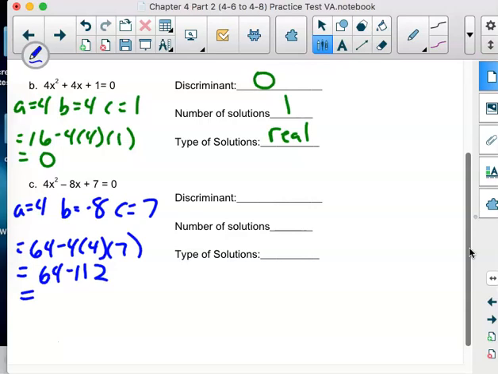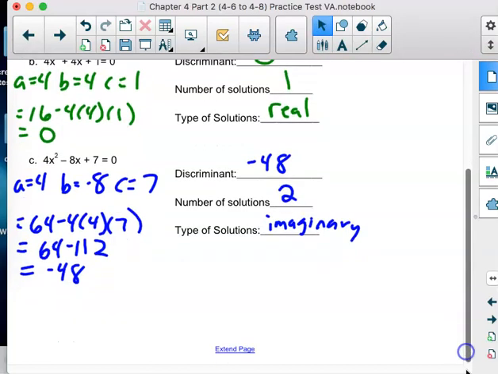Negative 48. How many and what type? 2 imaginaries, because imaginaries always come in pairs. So again, positive, 2 reals. 0, 1 real. Negative, 2 imaginaries. Cool. That wasn't a lot of work. Little b squared minus 4ac.